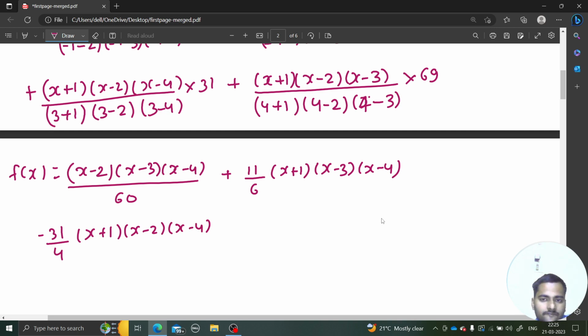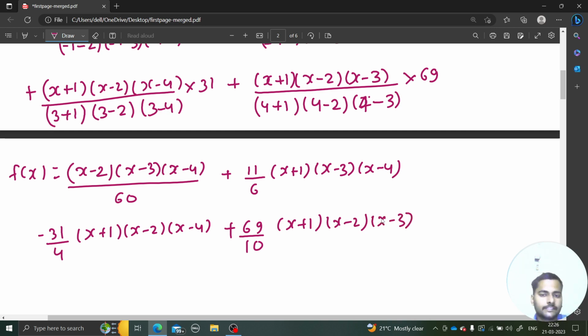And finally this is 5, this is 1 and this is 2. So 5 into 2 is 10, 69 by 10, x plus 1, x minus 2 and x minus 3.